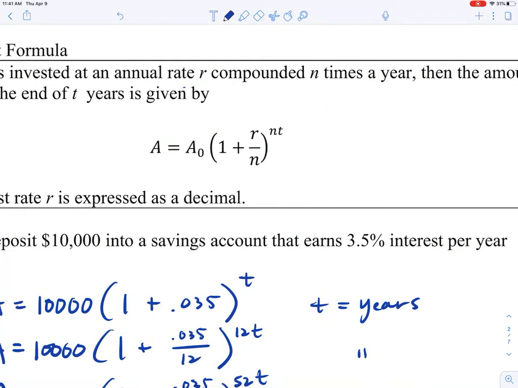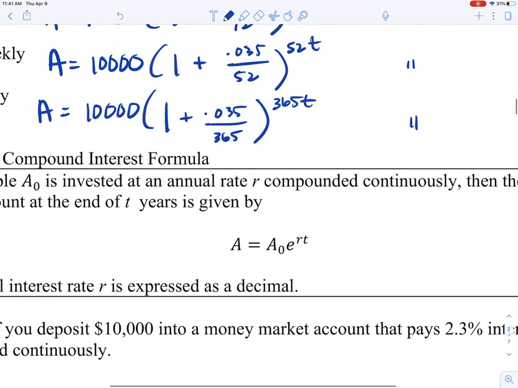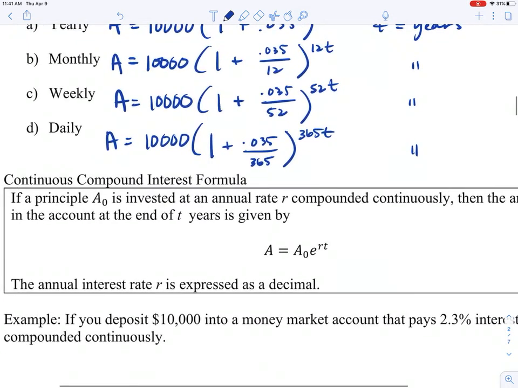So let's say we're given an annual rate that is compounded infinitely many times per year. Well, we can't plug infinity in for n. So we can use this formula.